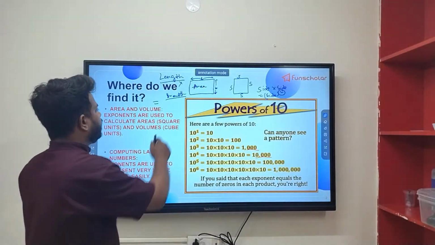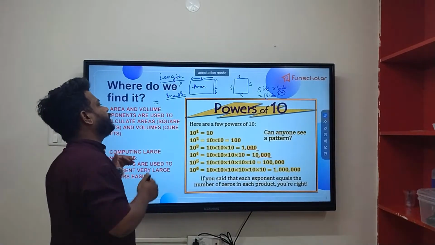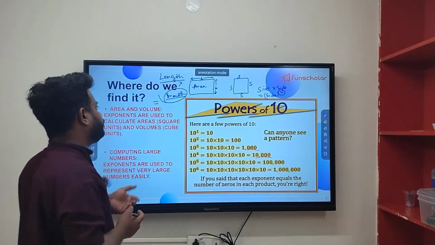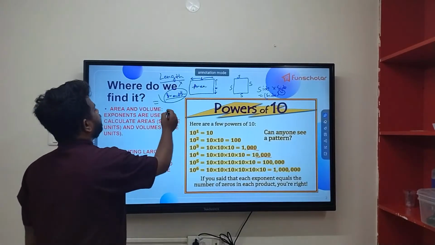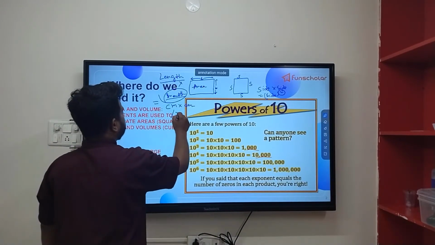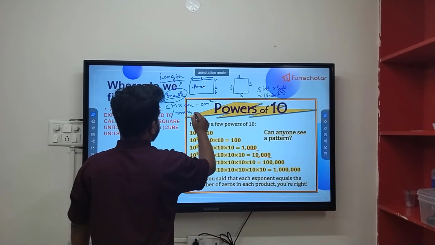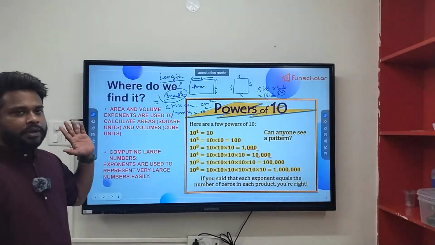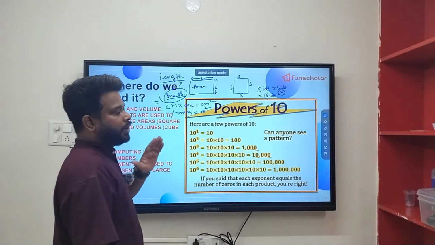Breadth is usually a little bit shorter than the length, but it is a type of length also. Because length is coming 2 times, we multiply centimeter into centimeter, or meter into meter, 2 times. That's why we write centimeter square or meter square. So area is a use of power and exponents.